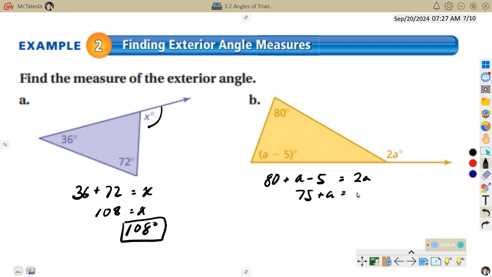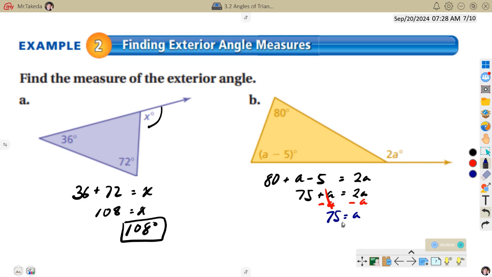So 75 plus a will equal 2a. Then trying to get my variables onto one side and my numbers on the other, I'm going to subtract a from the left and from the right. On the left it cancels, leaving me just 75 on the left. On the right, 2a minus a is just 1a.